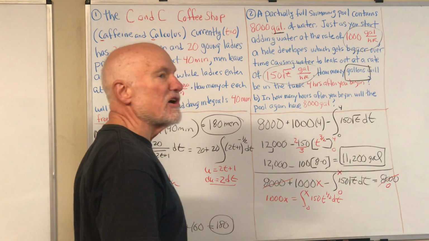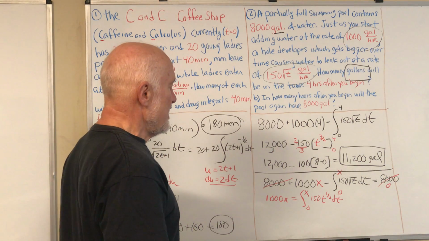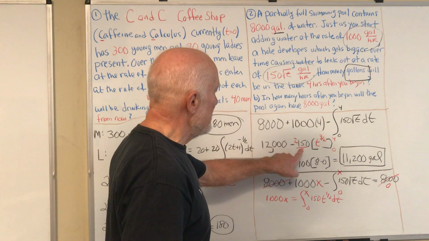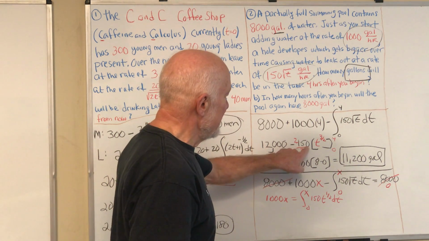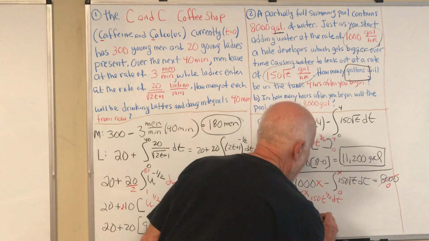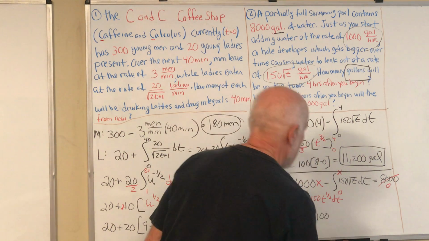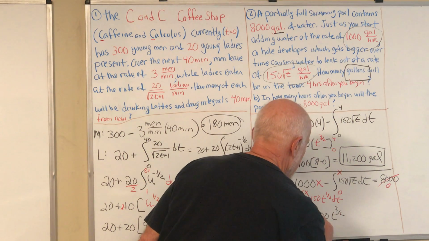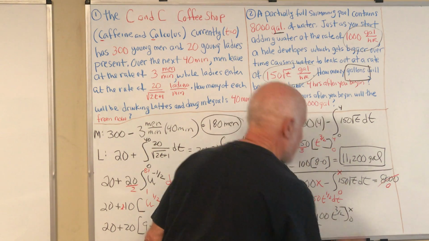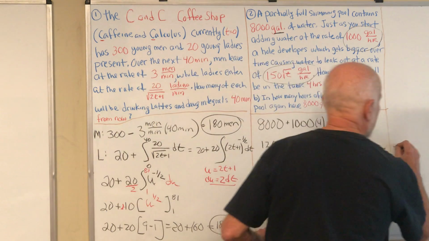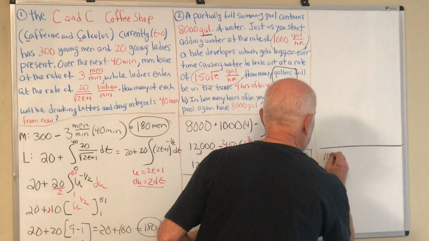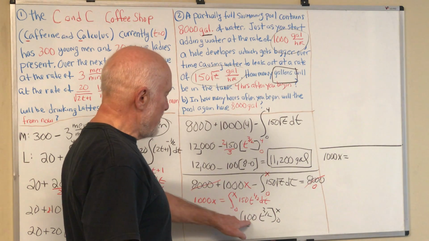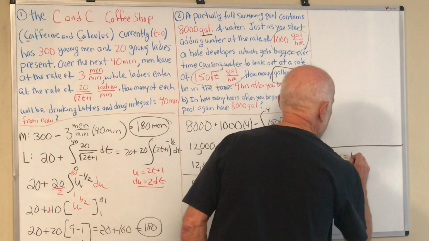This side we want to get to look more like a function of X. So we take the antiderivative again, which we know is going to be 100 t to the 3/2. So you get 100 t to the 3/2, and you're going from 0 to X. So I can shift over here. You have 1,000 X equals, now it's going to be 100 X to the 3/2.